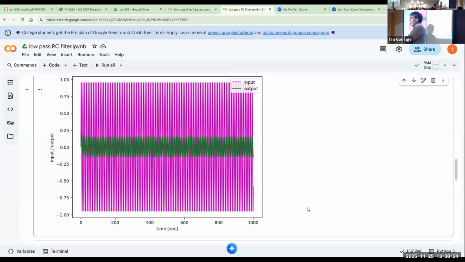There's something else you also see on this plot, which is that there's this settling time here. And this settling time has the sort of time constant of the filter. So the filter has a time constant of 10 seconds, and the settling time goes away on the scale of a few of those time constants.